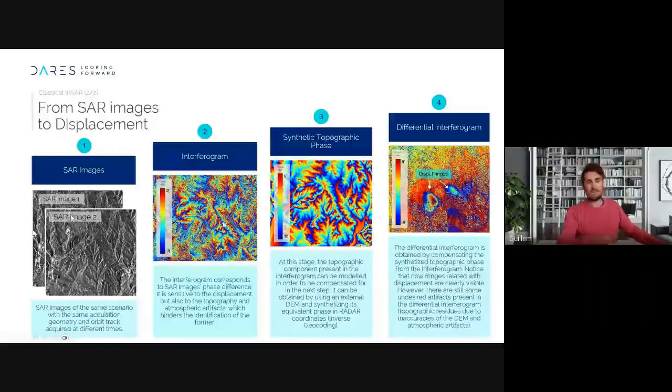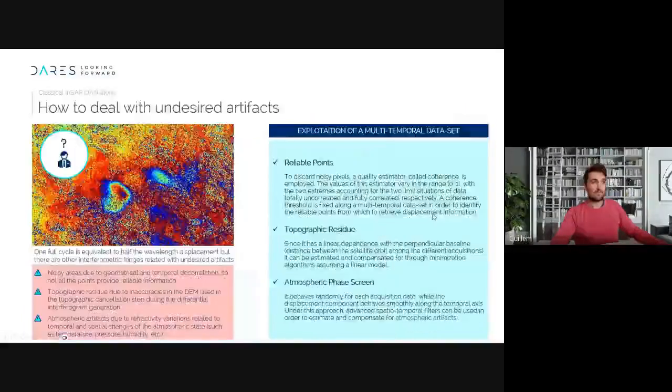Here we have topography, displacement, atmospheric artifacts. We calculate the topography, and we remove the topography, and we get this interferogram where we can see some spots. But from here, we need to get rid of the atmospheric artifacts, because we will have reliable points that are the ones in which we are interested.